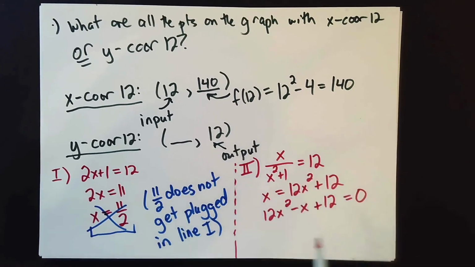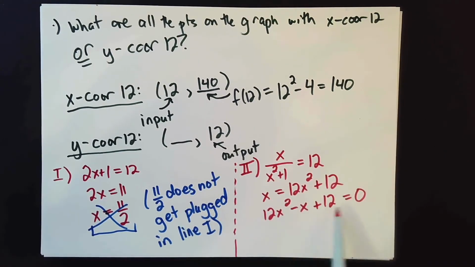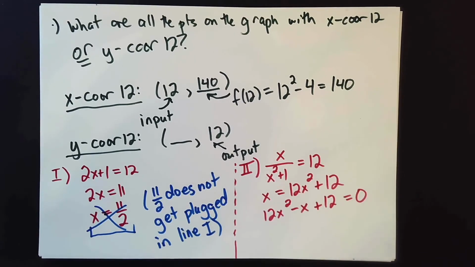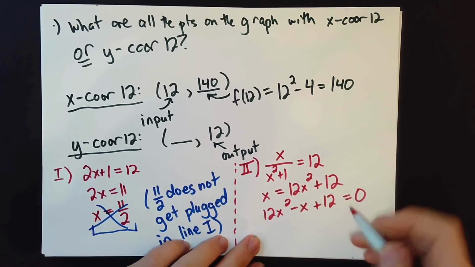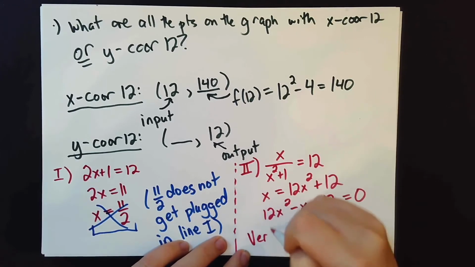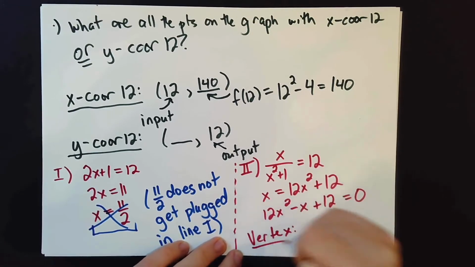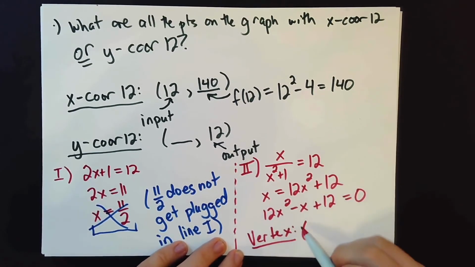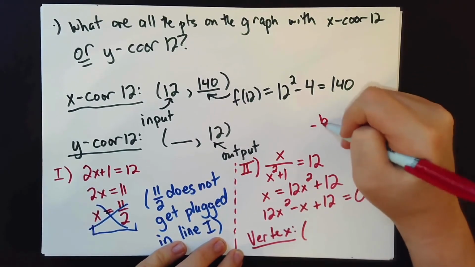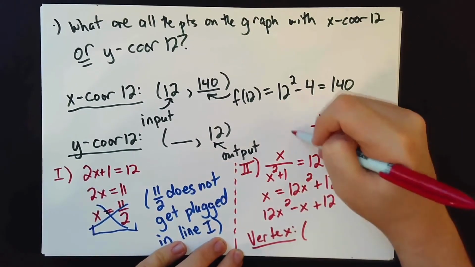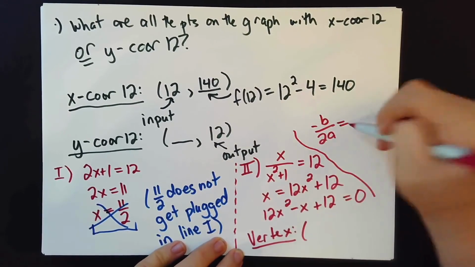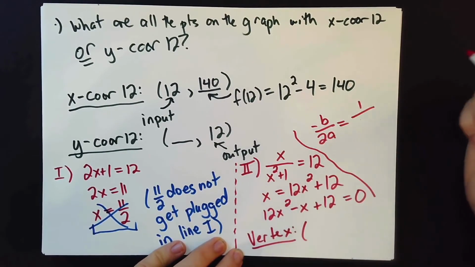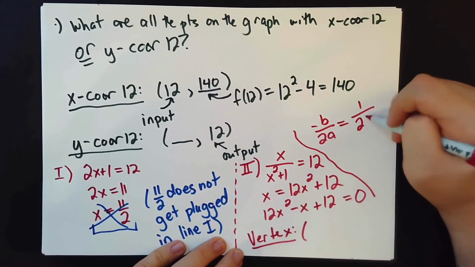So I suspect that this equation might actually have no solutions. How do I check that? Remember, I calculate the vertex. So what's the x-coordinate of the vertex? It's negative b over 2a, which is 1 over 24.